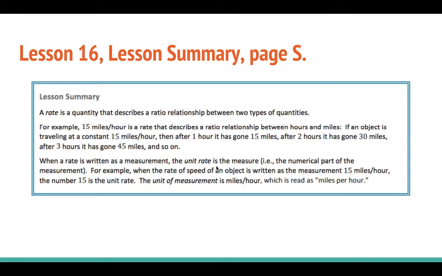So the number, the numerical part of that measurement, right? So 15. And the unit, the rate unit, or the unit of measurement, is the miles per hour, which is written as miles per hour. Okay, unit of measurement, and the rate unit, that is the same thing.